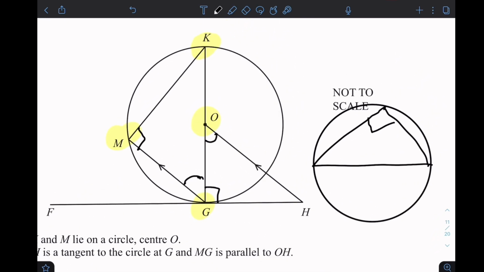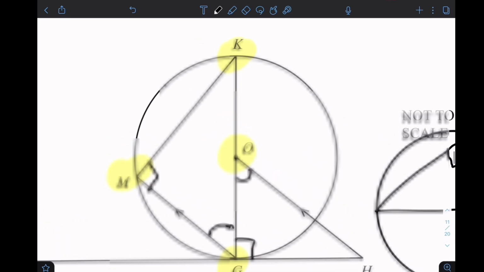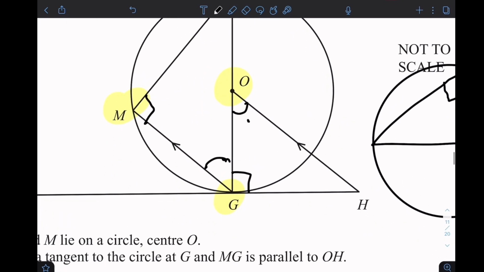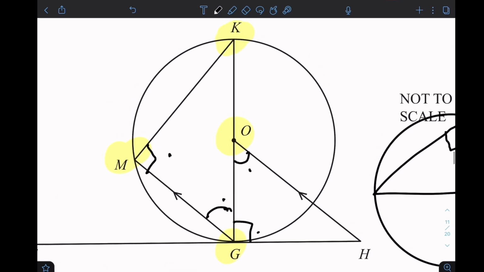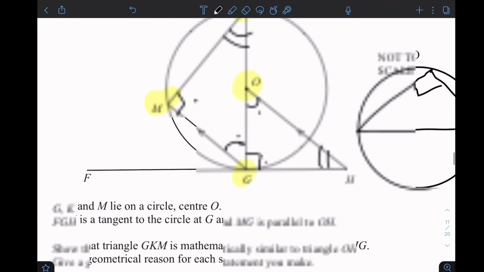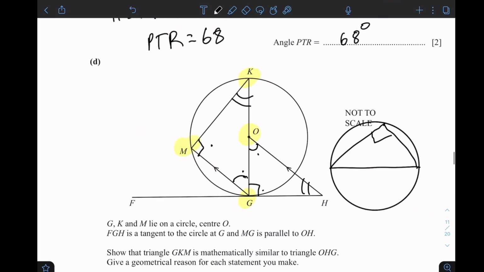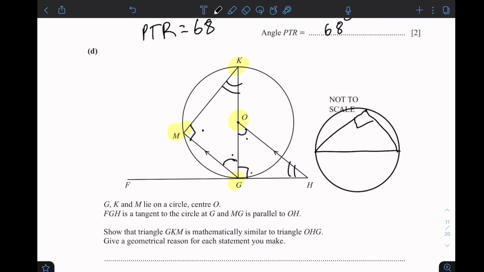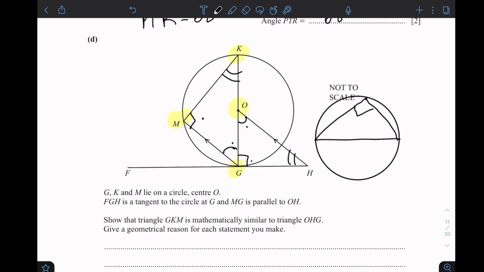Okay, lastly, you should know that if two angles in a triangle are equal to each other, then the third angle must also be equal because angles in a triangle add up to 180 degrees, right? So then this is also equal. So by proving that the angles in both triangle GKM and OGH are equal, it indicates that they are similar to each other.